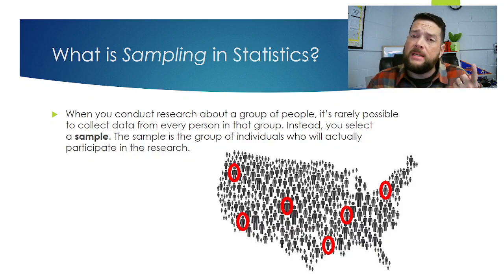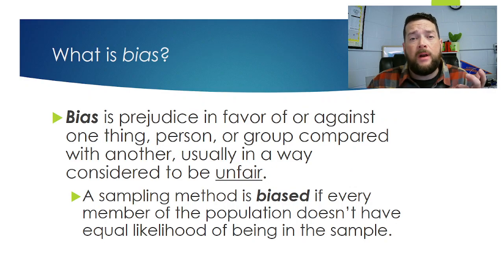That doesn't mean everybody's going to be in the sample. It just means everybody should have the same probability or opportunity to be in that sample. And if that's the case, then we have unbiased research, and we try to have research that is as unbiased as possible.